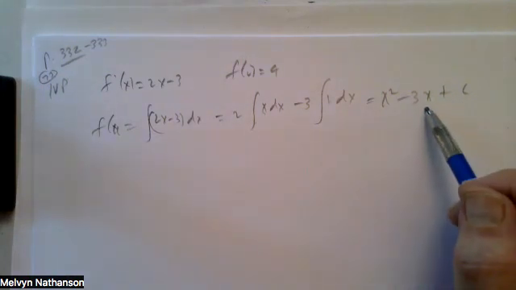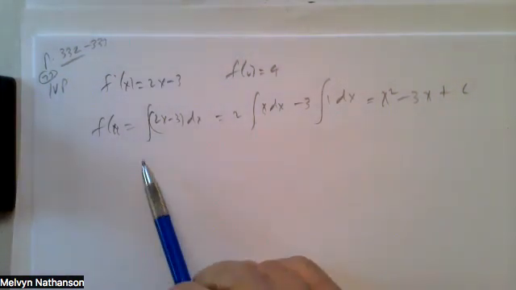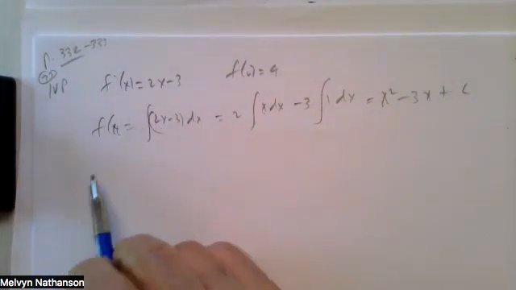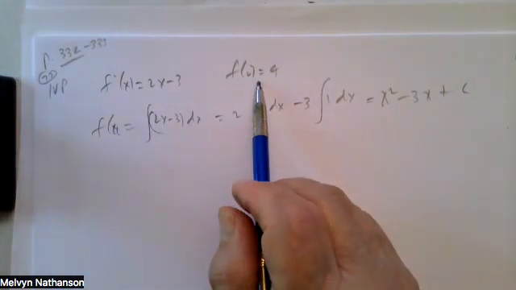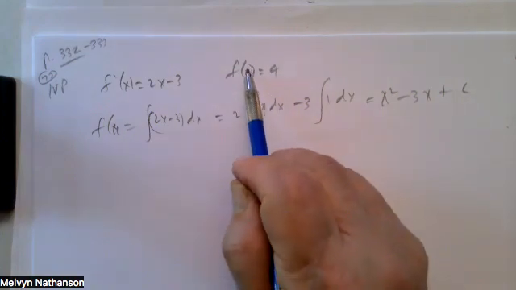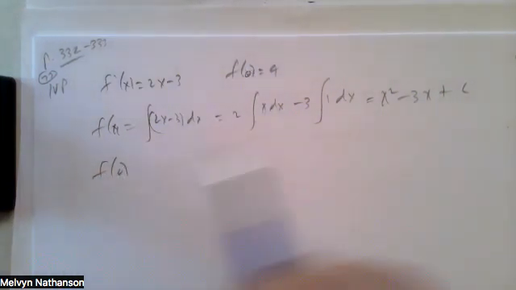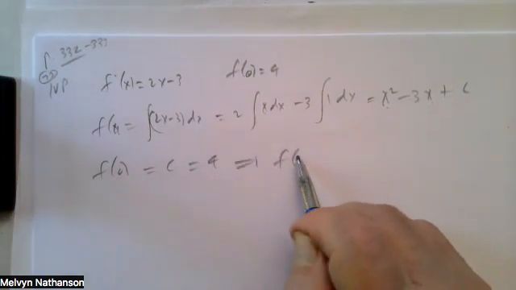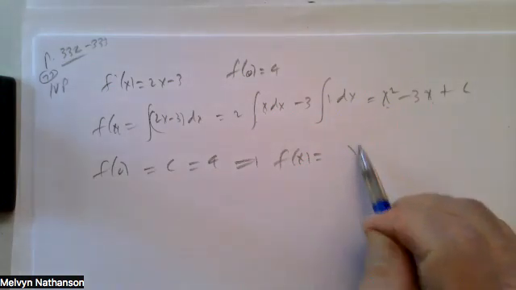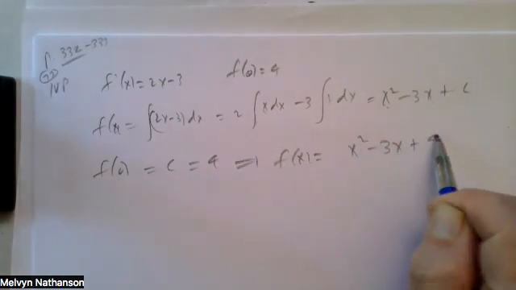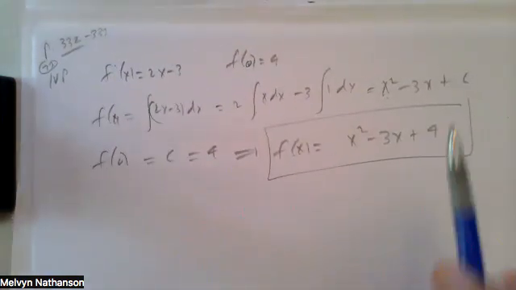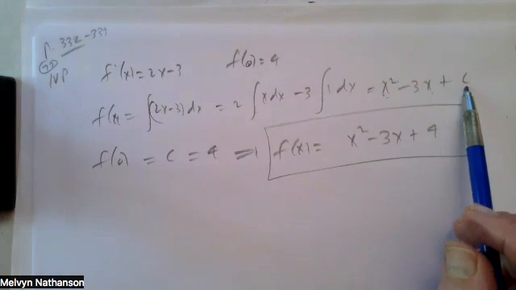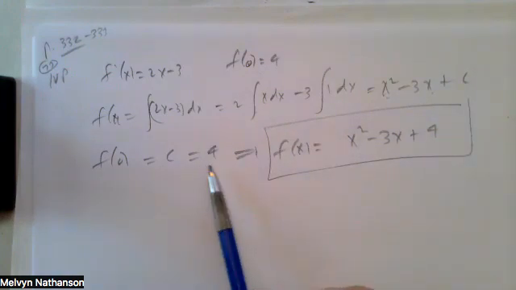That's the general solution of the differential equation, but we want to satisfy the initial condition, f of 0 equals 4. At x equals 0, I just get c, and that has to be equal to 4. So the solution of the initial value problem is x squared minus 3x plus 4. Right? We get a solution plus some constant just from the integral, and the initial value gives us the value of the constant.